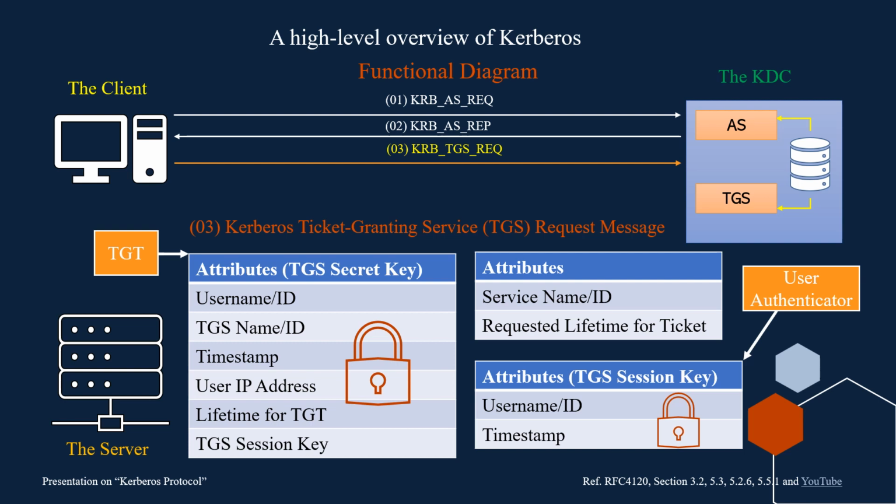upon receiving these, the TGS will decrypt the ticket granting ticket first, because it knows the secret key of the TGS. It knows the TGS secret key. So after decrypting it, it will look for the username of the ticket granting ticket, match it with its database, and verify it. When it decrypted the ticket granting ticket, it also received the TGS session key that is included in the ticket granting ticket.